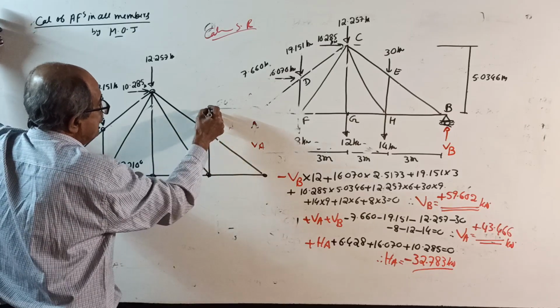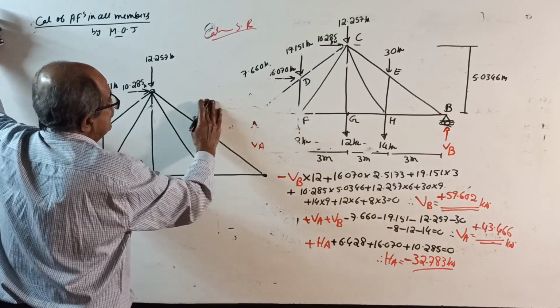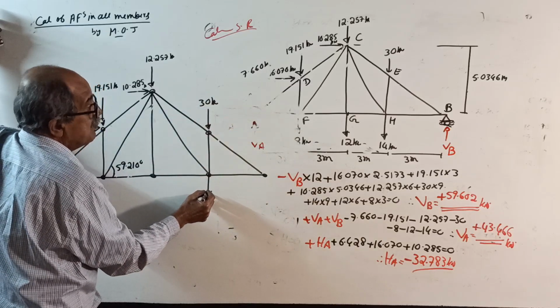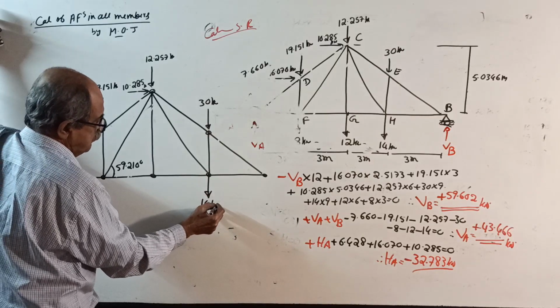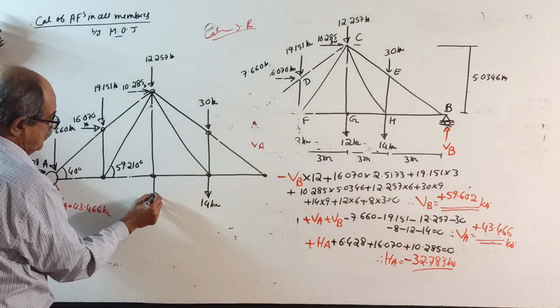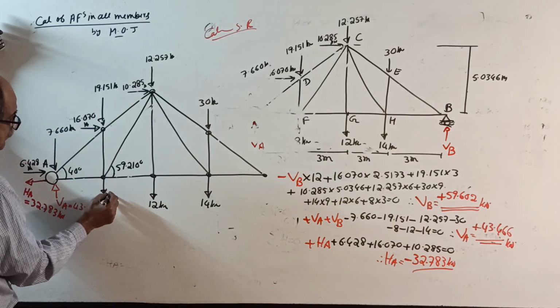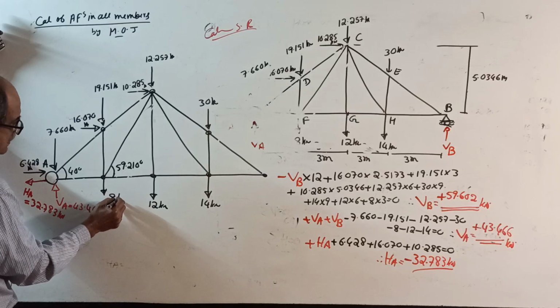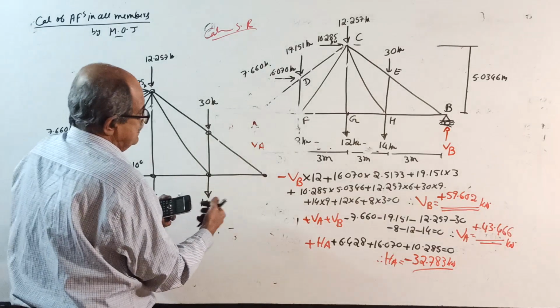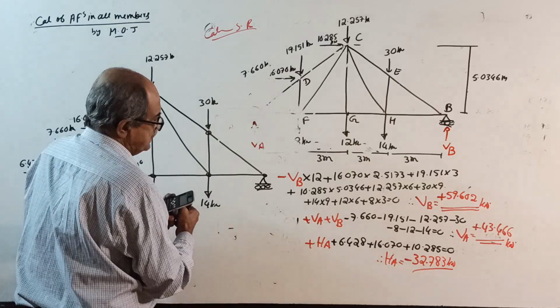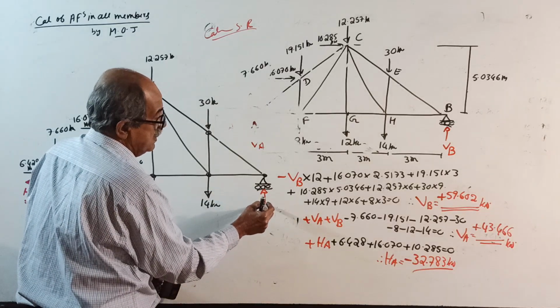This pin. There is a vertical load of how much? 30 kilonewtons here. There is a vertical load of 14 kilonewton. Load or force? Okay. Vertical force of 12 kilonewton. Vertical force of how much? 8 kilonewton. And here there is a reaction perpendicular to the plane of the roller. That is vertical reaction here, because roller is horizontal.